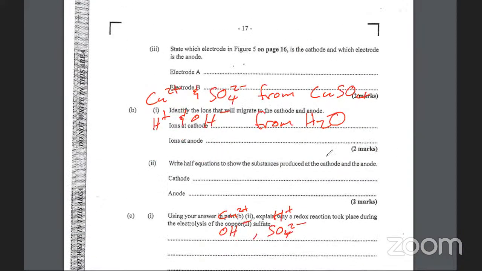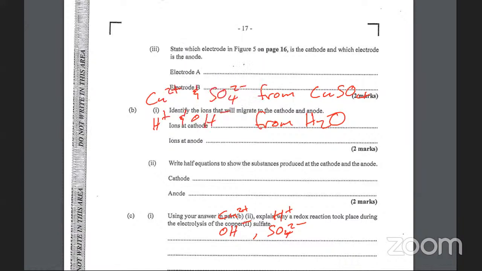Then it says, write half equations to show the substances produced at the cathode and the anode. Normally, if it's an inert electrode, which means it does not take part in any reaction, it would be the ions in the electrolyte that would either be oxidized or reduced.